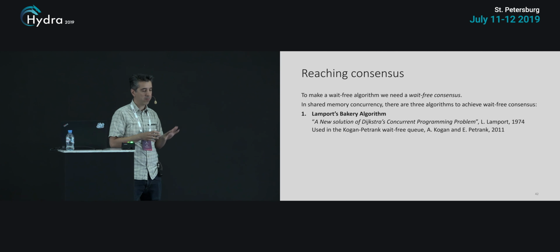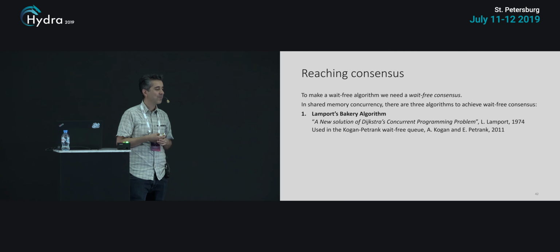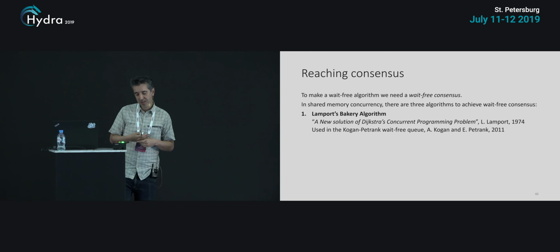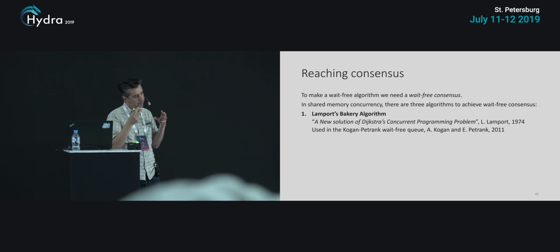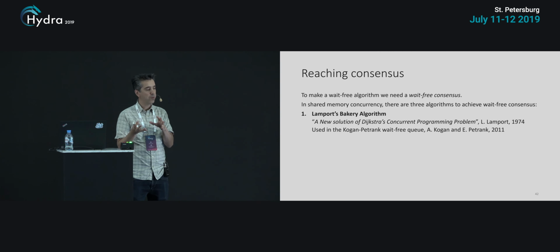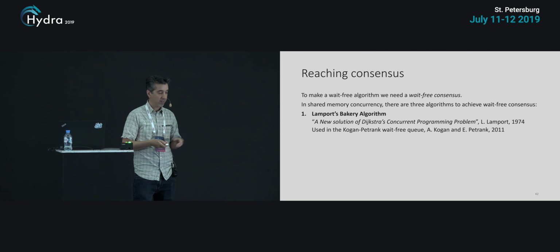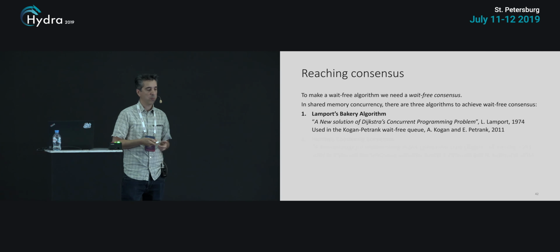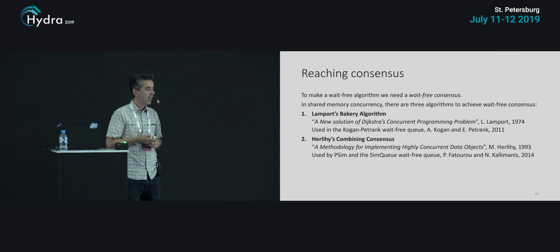I'm not going to explain Lamport's bakery. You can look it up yourselves if you've never heard of that. I hope you have. Alex Kogan and Erez Petrank took this algorithm, modified it a bit, and made a wait-free consensus out of that. And then they used it to make a wait-free queue, because it's simple.